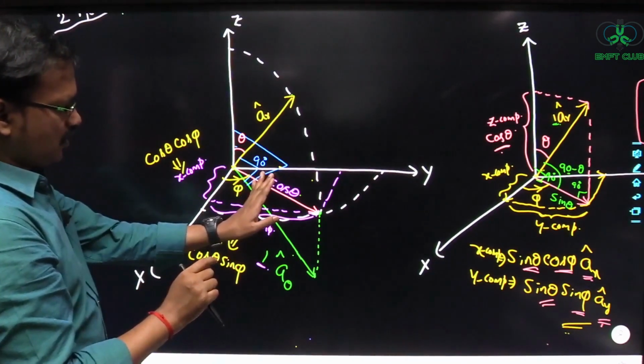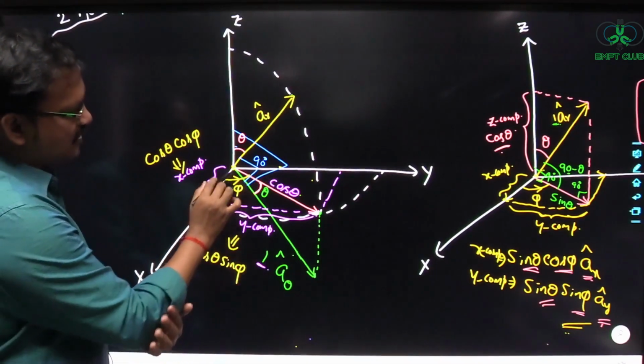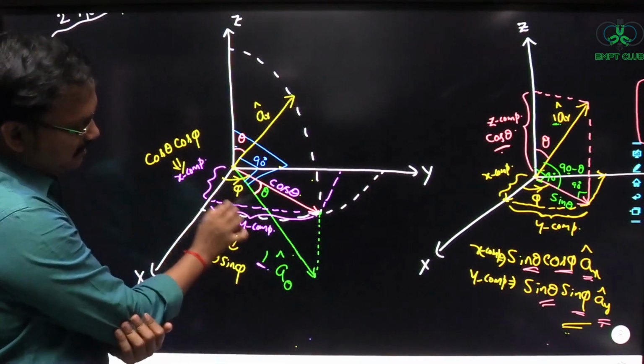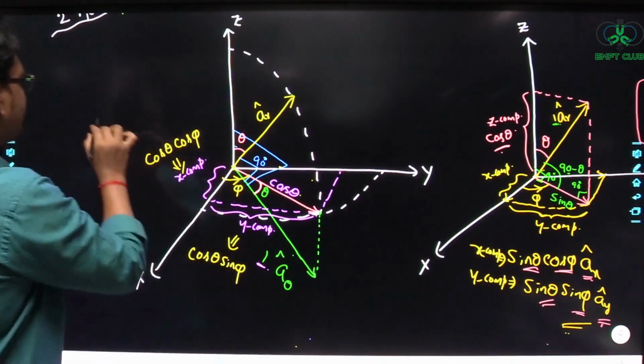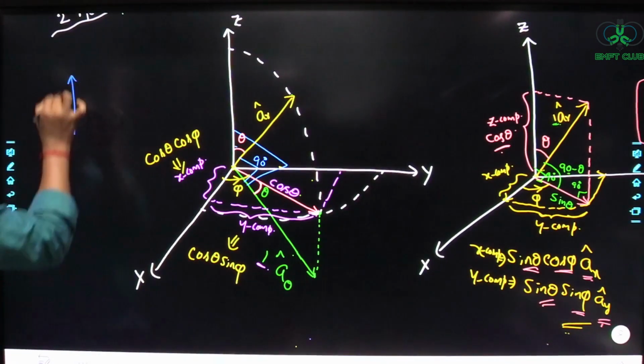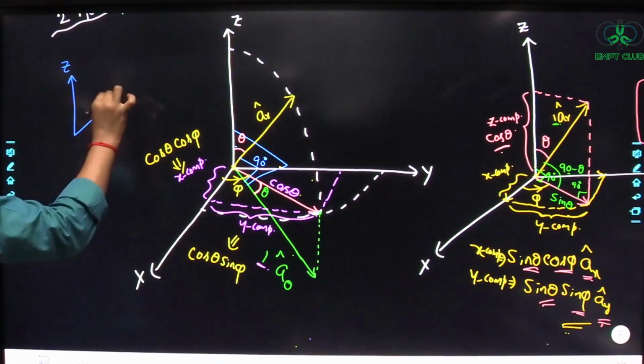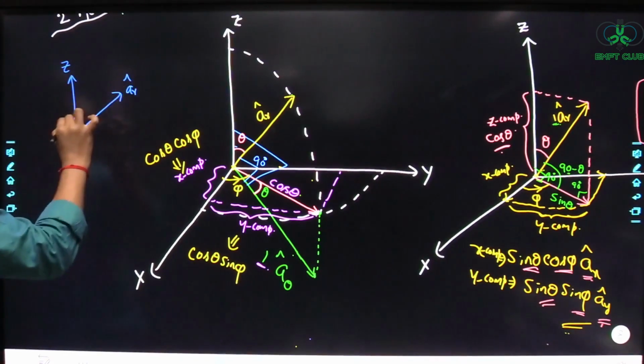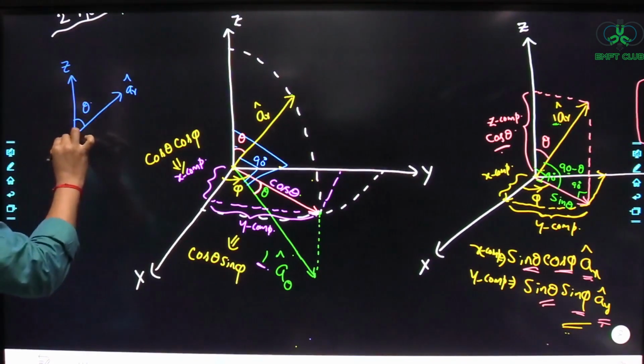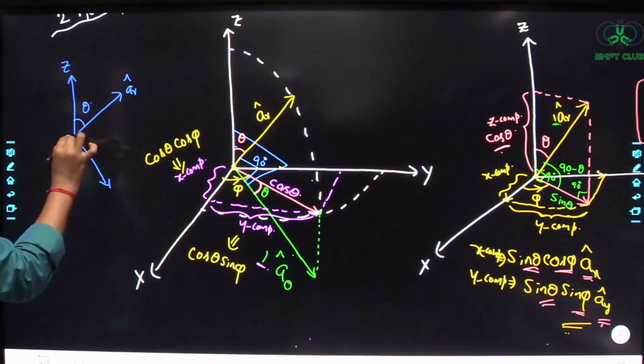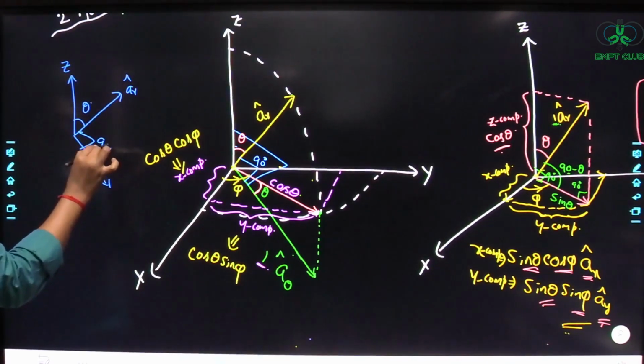Now, what is the angle between the z axis and a theta cap? I am drawing it separately here. The angle between the z axis and aR cap is theta, and the angle between aR cap and a theta cap is 90 degrees.